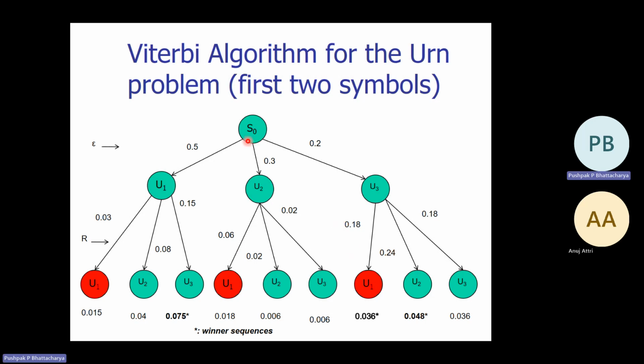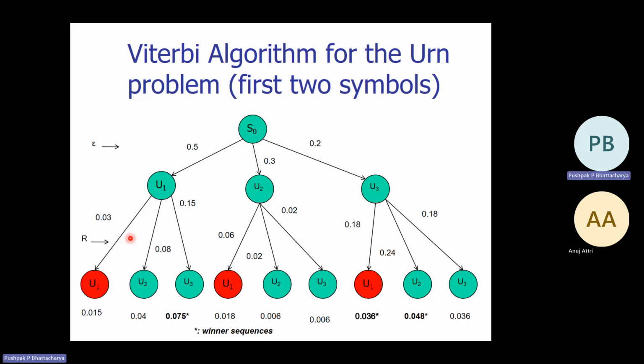And the most important idea in Viterbi algorithm is to keep track of the paths ending in the same state. Okay, so initially you start from S0, and let's say there is the probability of 0.5 to pick up the ball from U1, and then 0.3 for U2, and 0.2 for U3.